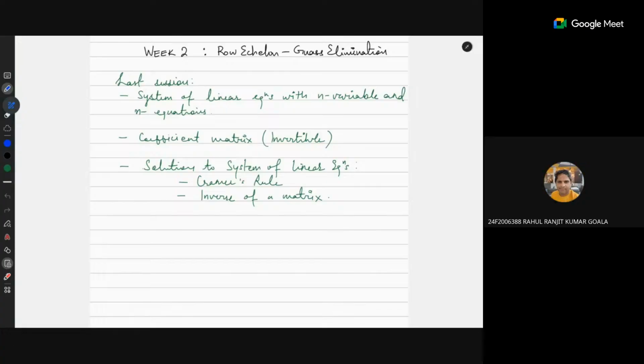Row echelon form has many applications. One application is to find the inverse of a matrix. Another application is to find the determinant of a matrix. And if you are asking where the determinant is used, where the inverse is used, I think I have already discussed where we get systems of matrices. Why do we use matrices? It is basically to solve a larger picture, which consists of arranging data.